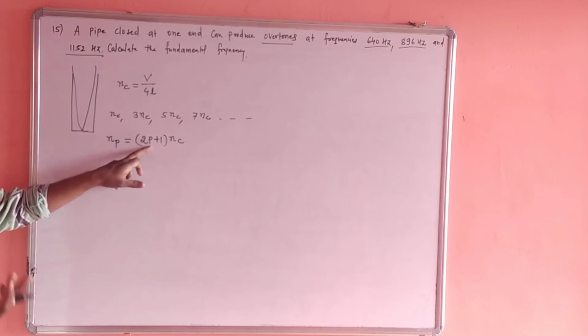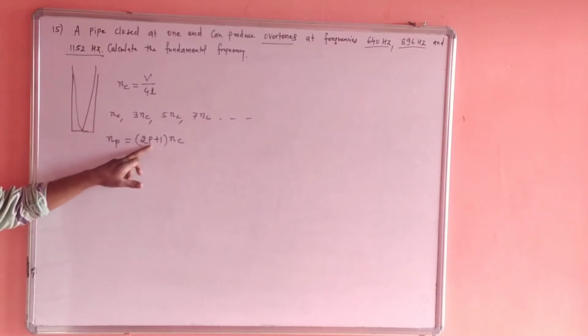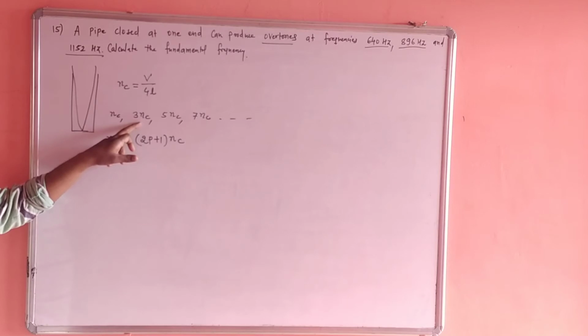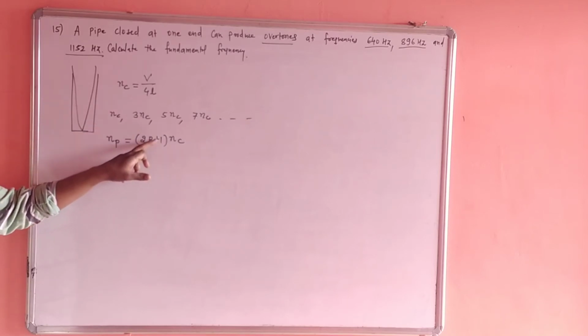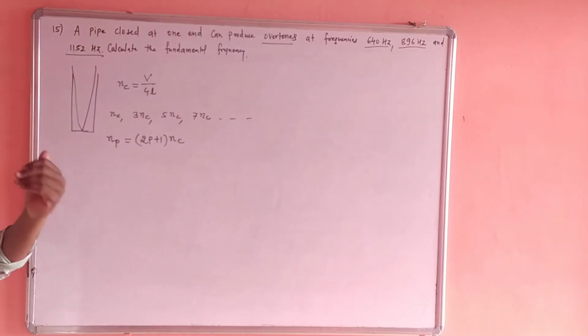P is the number of overtone. If we substitute the value of P as 0, we get this first frequency. If we substitute P equal to 1, we get 2 plus 1, 3. This is first harmonic, first overtone. This one is first overtone. Then this one is second overtone. This one is third overtone, and so on.